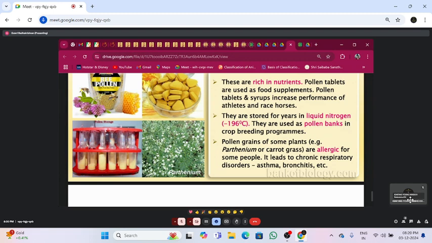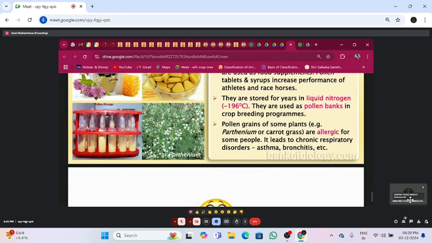There are many places where these pollen grains cause allergy when these particular species of plants are abundant. The allergy can lead to chronic respiratory disorders, asthma, bronchitis, etc.